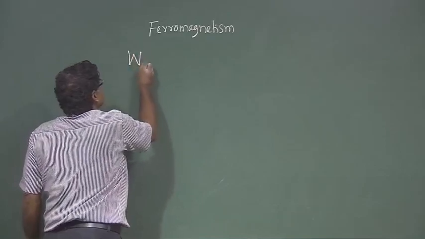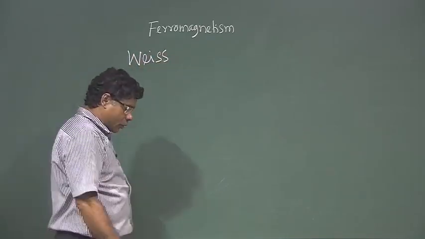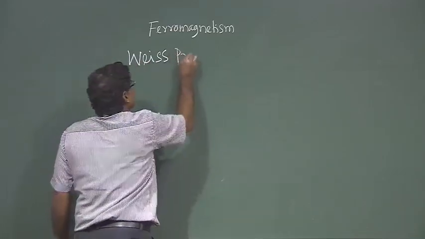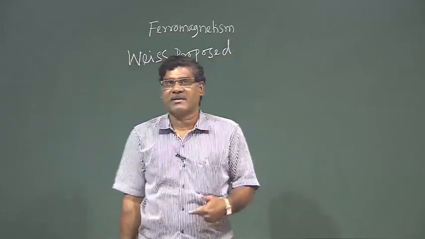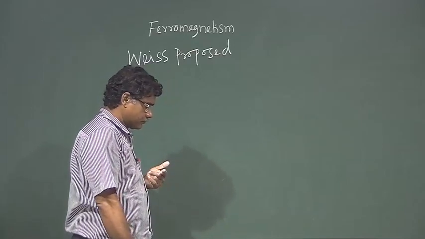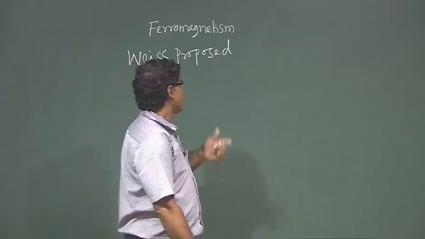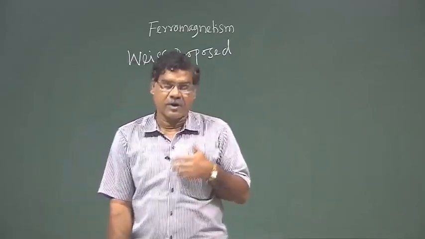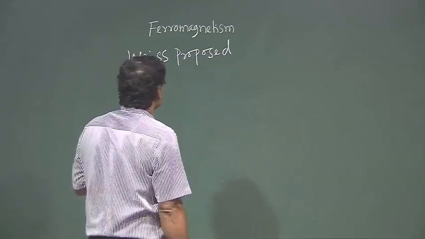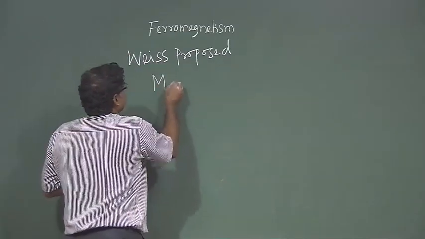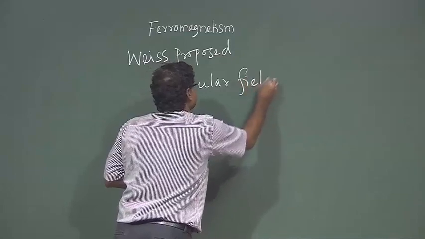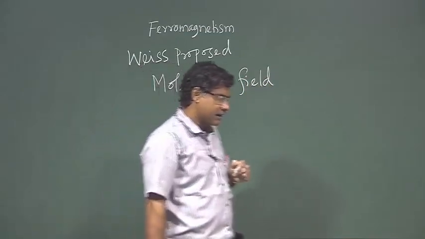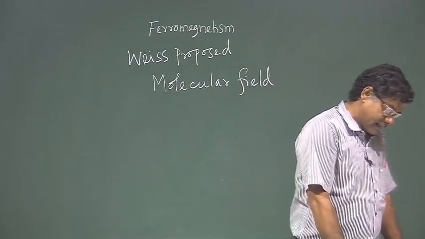So, Weiss basically proposed that there is an internal field in the ferromagnetic crystal, and that field is called the molecular field, or sometimes we also say the Weiss molecular field.